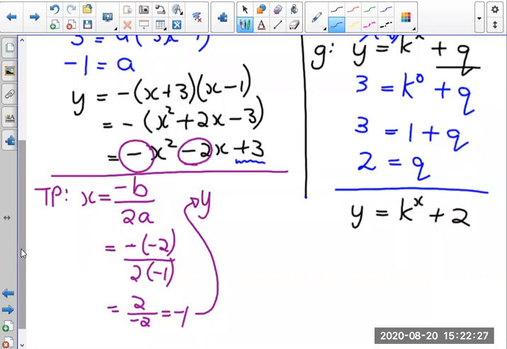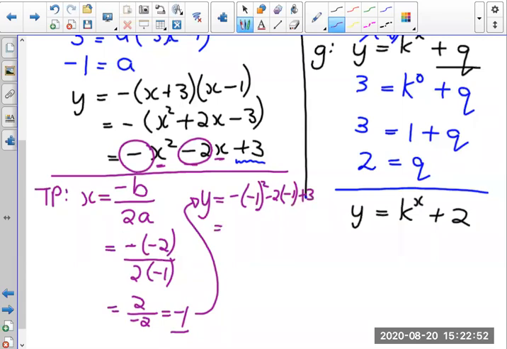And how do I do that? I substitute my x coordinate back into the equation. So it's minus 1 squared minus 2 times minus 1 plus 3.